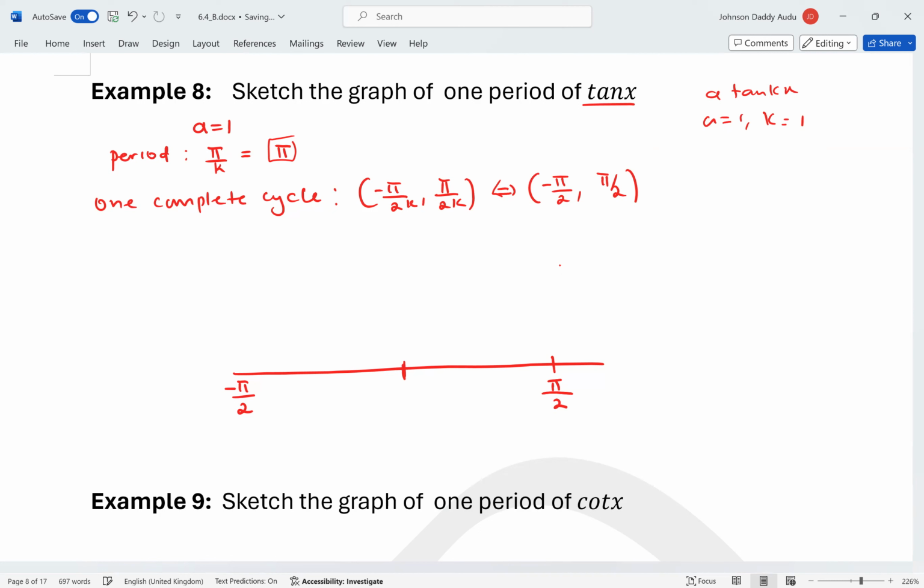So what will be the middle? This is going to be 0, right? Because you have pi over 2 plus minus pi over 2, everything divided by 2, which is 0 over 2. So the center is 0. Then the next point is pi over 4, and this one is minus pi over 4. All right.